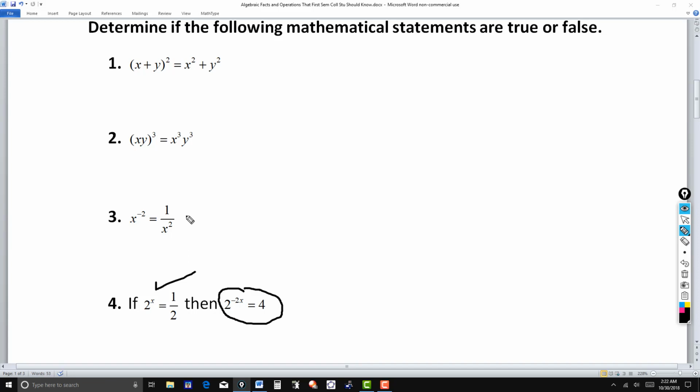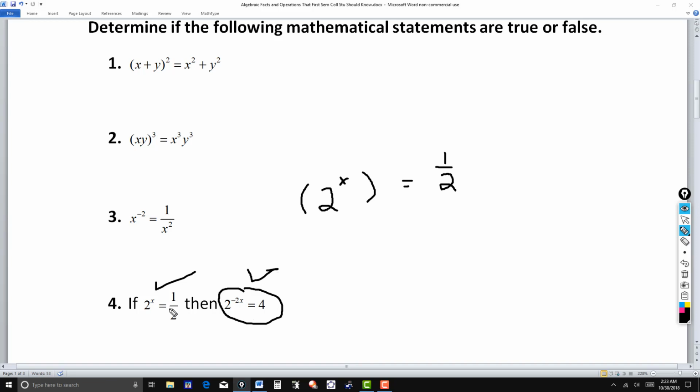Well, this one is going to be true because, look at it this way. I have this equation given. So how do I get this statement from this?